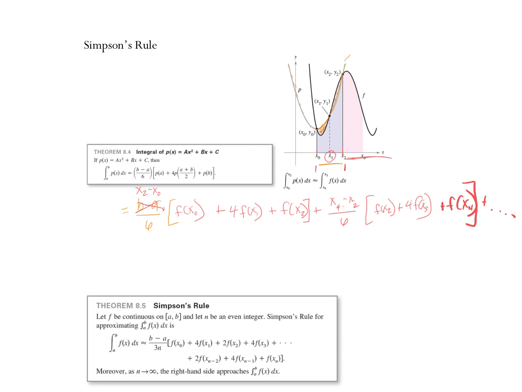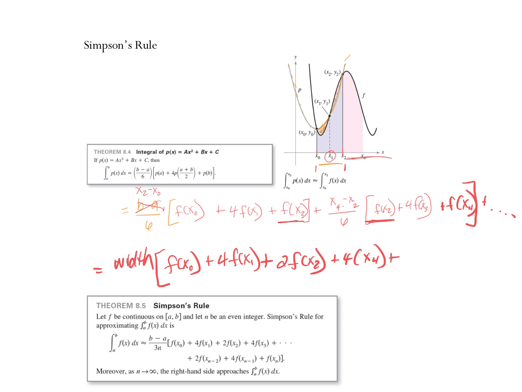Does this make sense? So what ends up happening is that we're going to end up with what I'm going to call, for right now, the width of my partition. We'll talk about that in more detail in a second. When you look at what we have, we're going to have f of x0 plus 4 f of x1 plus 2 f of x2 plus 4 f of x3.